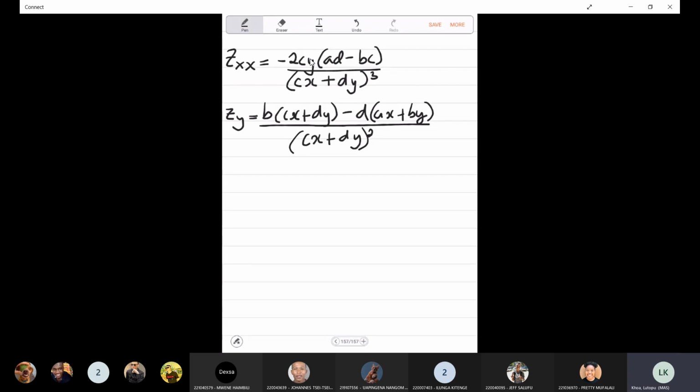Okay, so again, we'd multiply out the brackets, see if there are any terms that can cancel. This will give us BCX plus BDY minus ADX minus BDY. Then in the denominator, we have (CX plus DY) squared, and then these two can cancel.